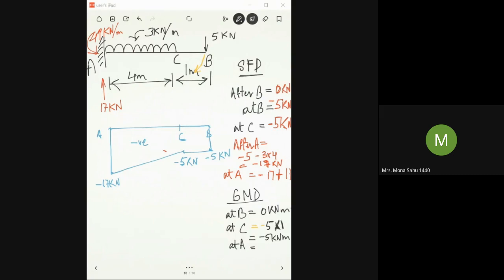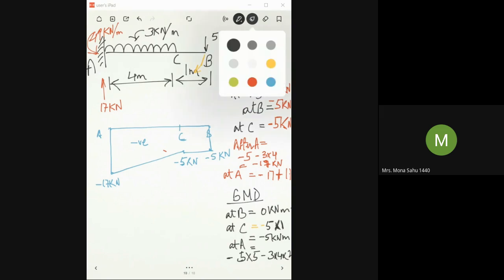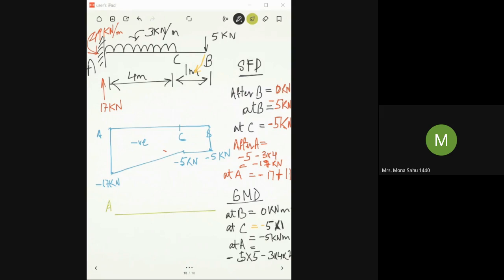Now at A. At A you have minus 5 into 5 minus 3 into 4 into 2. So it's going to be minus 49. If I draw the BMD diagram, I just have to plot A, C, and B. This is 0.